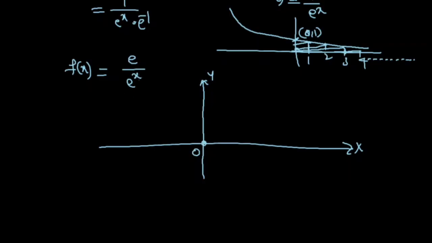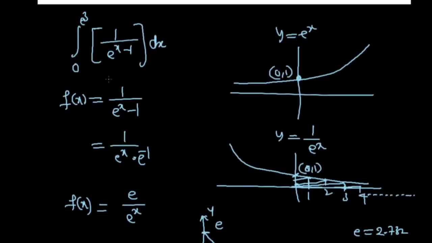If I give input x equals 0, what will I get? The output is e. Since it is a decreasing function, it never touches the x-axis but keeps on moving, like an asymptote. What is the value of e? The value of e is 2.718 something.